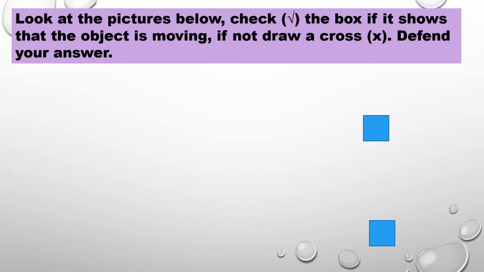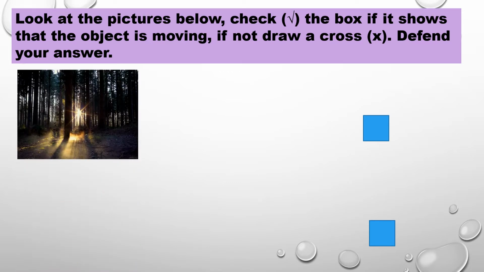Okay? So before we begin, I have here a set of pictures wherein you have to check whether this object is in motion or if the term is related or parallel to the description in the box. After that, you have to defend your answer. Let's have number 1. What do you see in the picture?